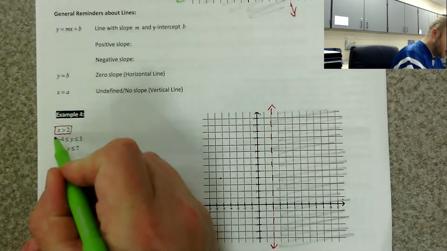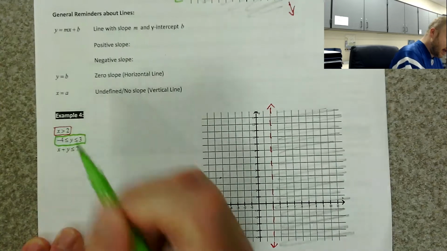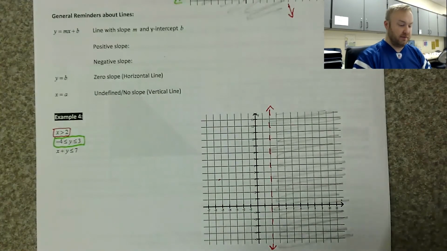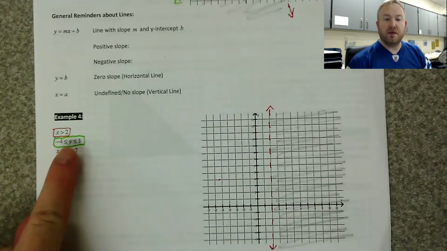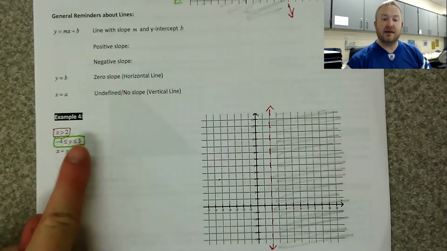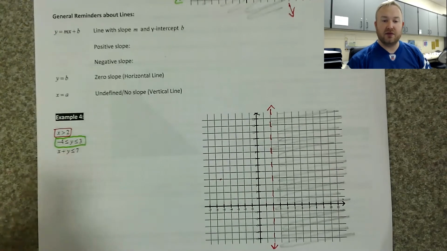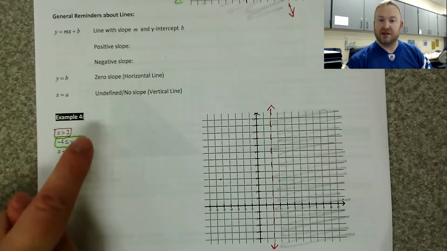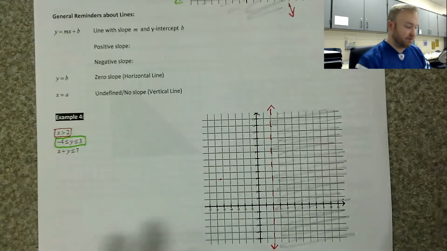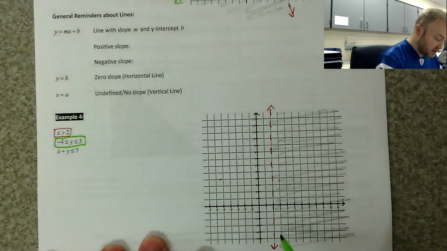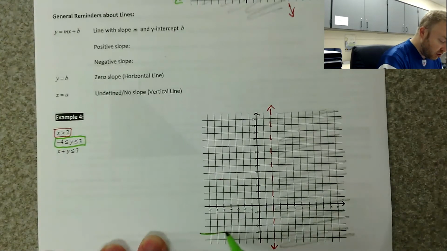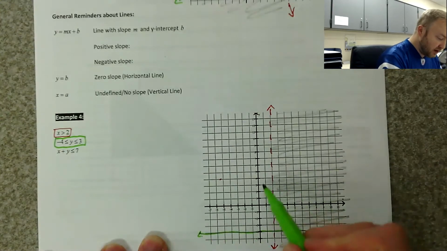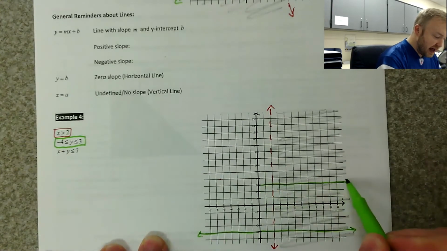The next one looks a little bit strange. It says -4 is less than or equal to y, which is less than or equal to 3. All this means is that we want the points whose y values are in between -4 and 3. So y values bigger than -4 and smaller than 3. So I'm going to start with some boundary lines here. One boundary line will cross through the y-axis at -4, and the other boundary line will cross through the y-axis at 3.